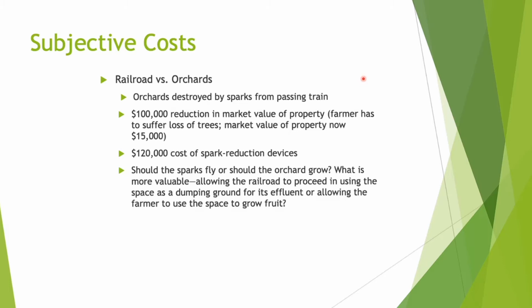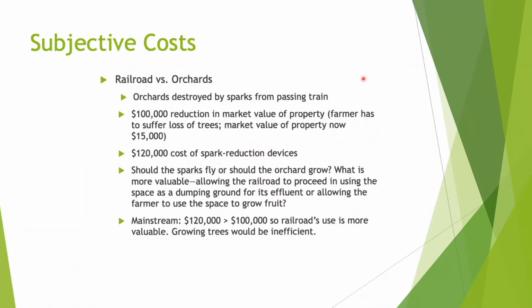So you can sort of see where the Coasians are going with this. They're going to say, well, obviously the most valuable use of the property is to allow the railroad to continue to throw the sparks, because it would cost the railroad $120,000 to avoid throwing sparks, and it would cost $100,000 if the sparks fly and the farmer loses the orchard.